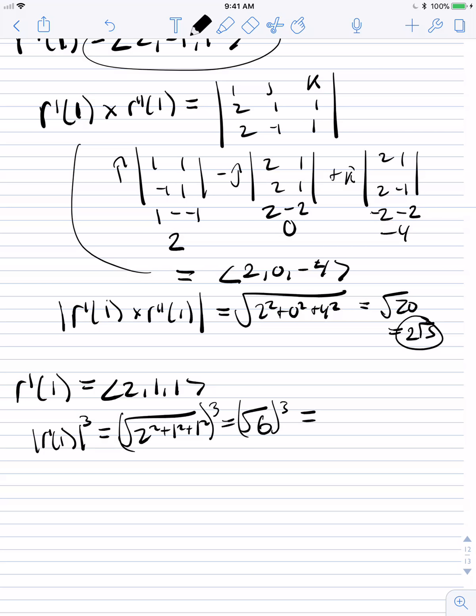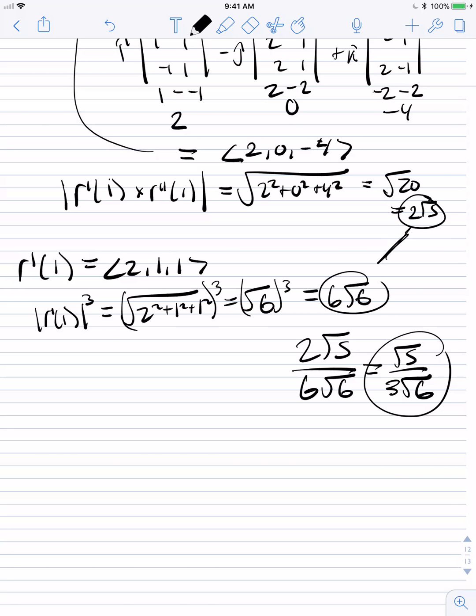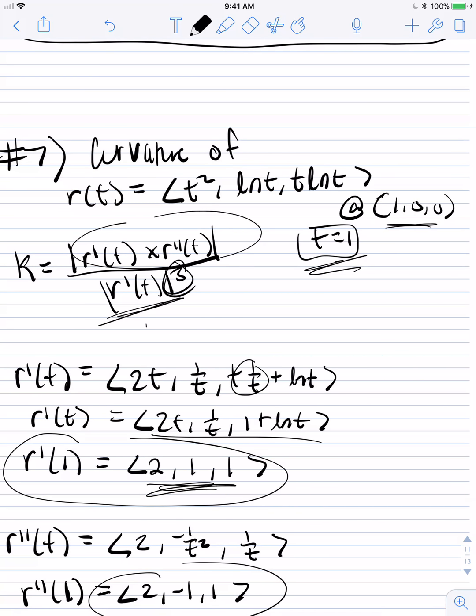So this gives us 6 root 6 on the bottom. So we put them over each other. We got 2 root 5 over 6 root 6, which simplifies to root 5 over 3 root 6. And this would be our curvature for our vector.